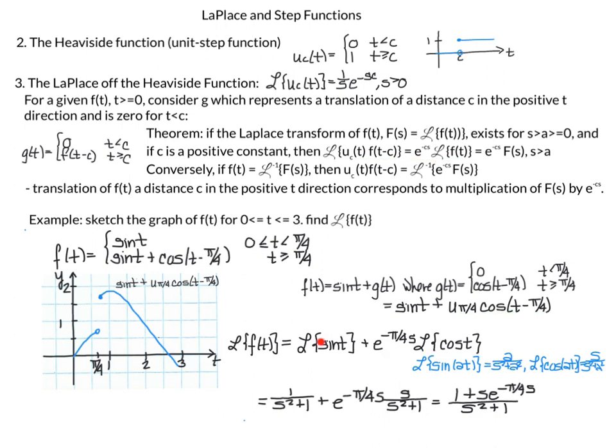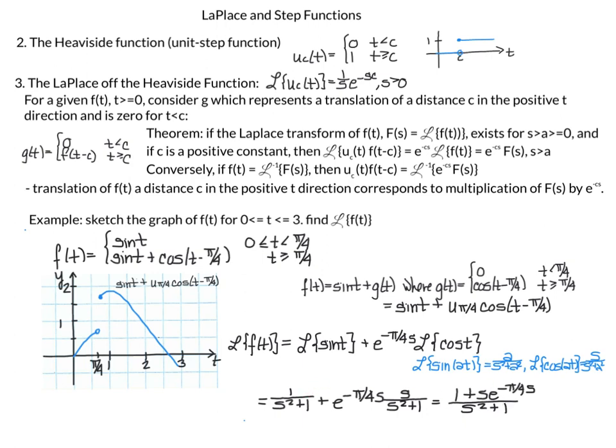Finally, I can use my Laplace transform formula for sine of t and for cosine of t, and I get 1 over s squared plus 1 plus e^(-pi s/4) times the Laplace transform of cosine t, s over s squared plus 1, since a is equal to 1. I can add them together and put it in this form here, but this is my final answer.